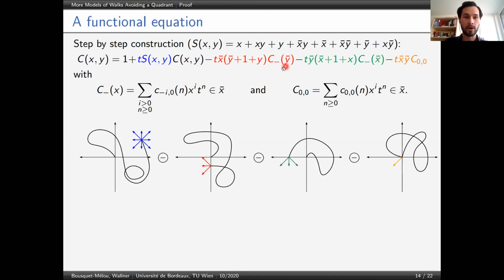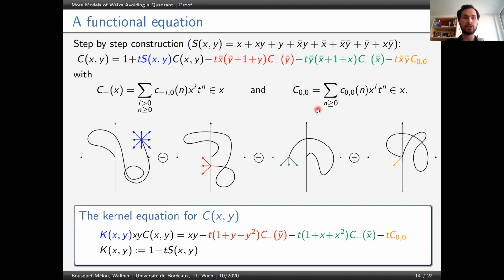C minus y bar denotes the generating function of walks ending on the negative y-axis. And by the symmetry of the model of the king walks, this corresponds as well to walks ending on the negative x-axis. In C0, I denote the generating function of walks ending at the origin.